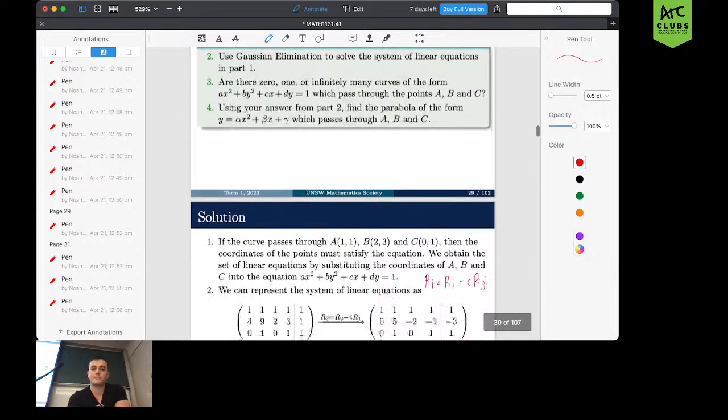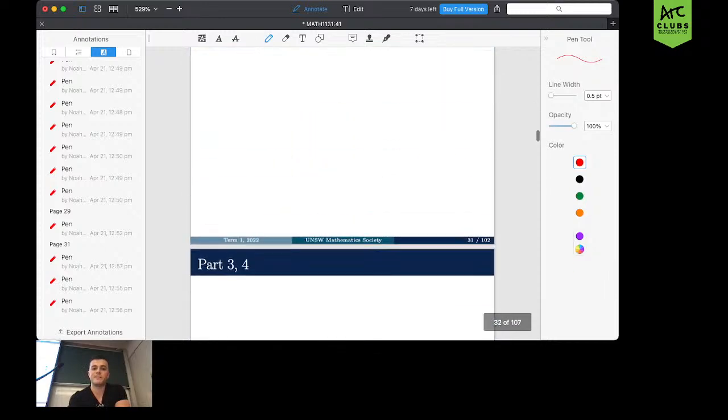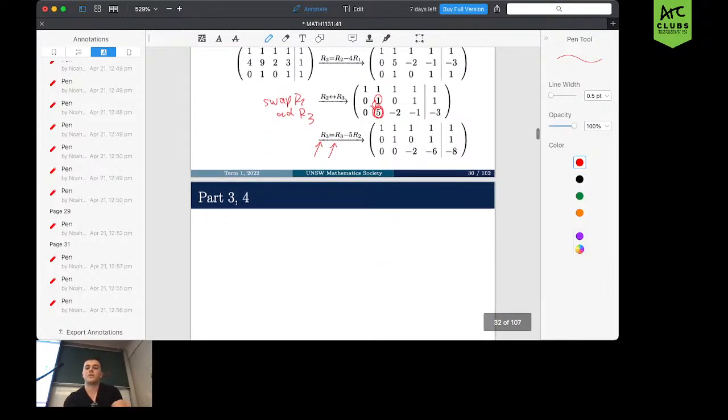Now, let's actually solve the system. So if we solve the system, how do we do this? We're now in row echelon form, so we can do something called back substitution. And what we say is, we're in row echelon form, so this is a leading element, and this is a leading element, and this is a leading element, right?